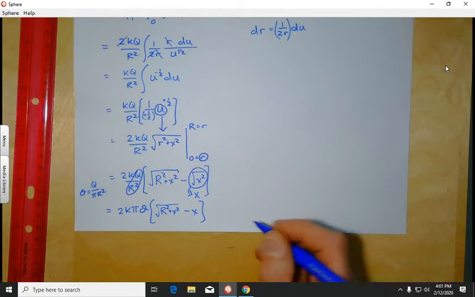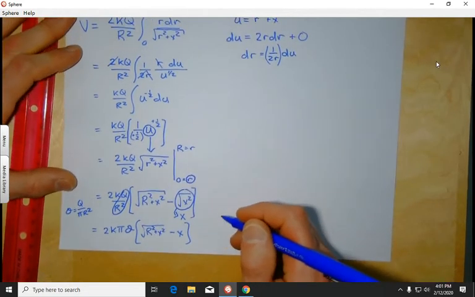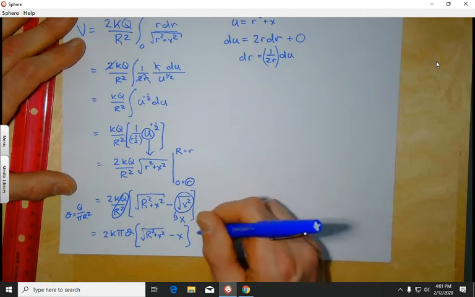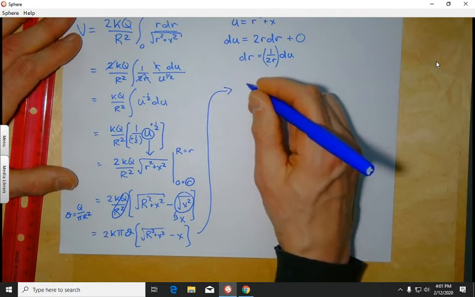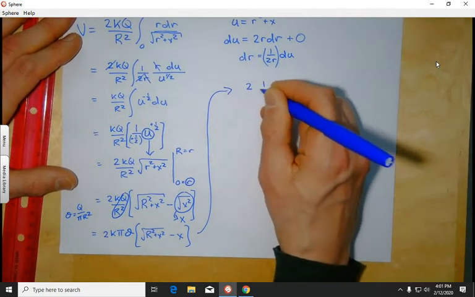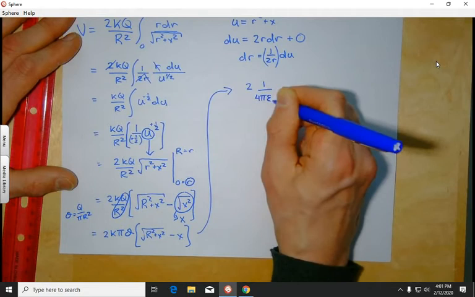Yeah, and we're just about done. I'm going to do one other nice thing here. K is going to be 1 over 4 pi times permittivity.